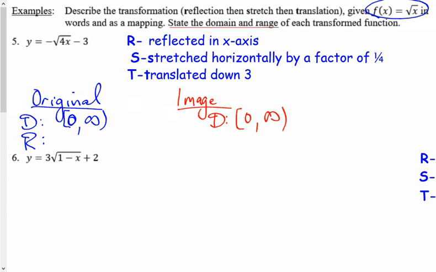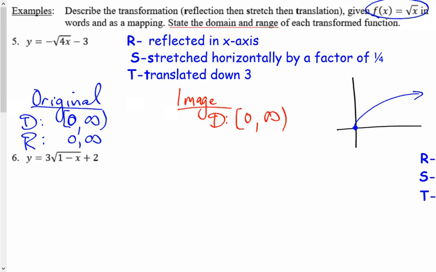Rabia, can you say that again? Yeah. If we were to look at the graph, we would get a function that starts here and then curves up like this. And so looking at that graph, that can actually help us with the range here on the original also, from 0 to infinity.